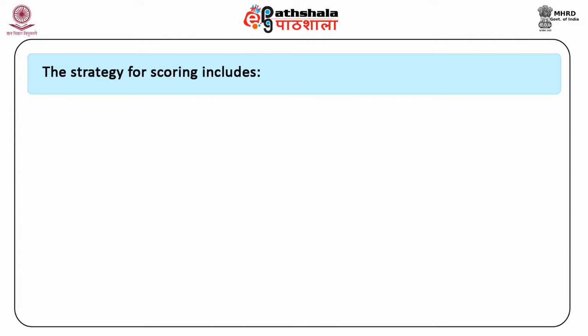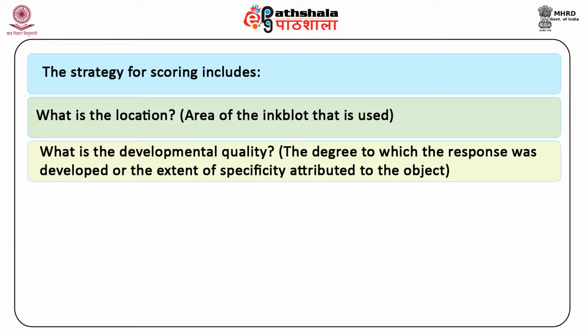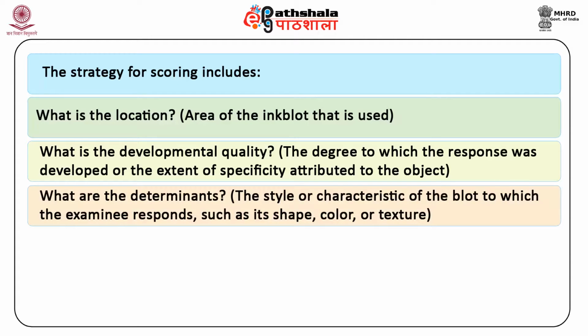The strategy for scoring includes: what is the location, that is, the area of the ink blot that is used? What is the developmental quality, that is, the degree to which the response was developed or the extent of specificity attributed to the object? What are the determinants, that is, the style or characteristic of the blot to which the examinee responds, such as its shape, color, or texture?